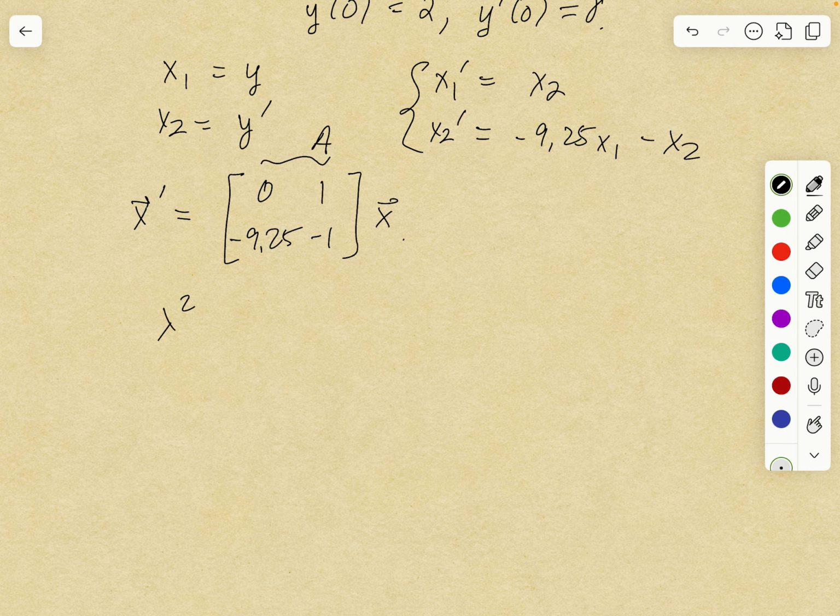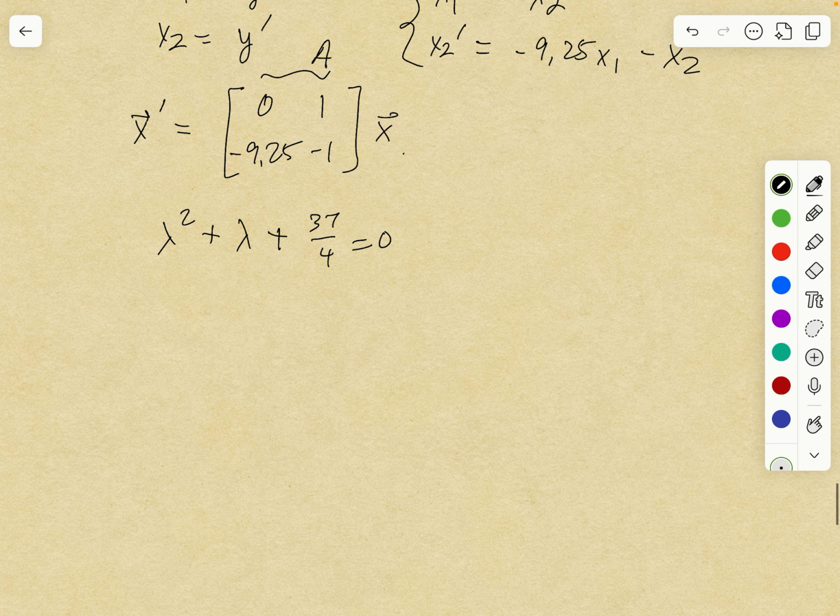So lambda squared minus the trace, so 0 minus 1 is negative 1, so it's a plus lambda, and then plus the determinant, so it's plus 0 minus negative 9.25, so that's plus 37 over 4 equals 0.